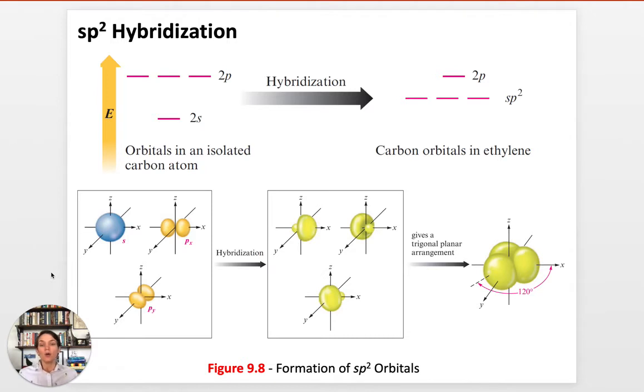So one form of hybridization is going to be sp2 hybridization. So if sp3 was 1 s and 3 p's, sp2 is 1 s and 2 p's.